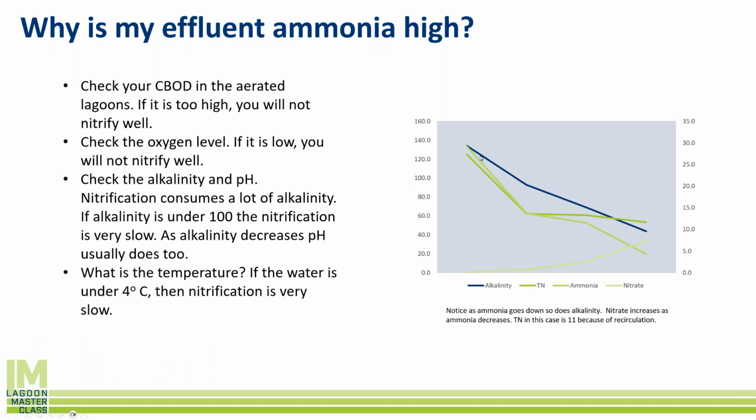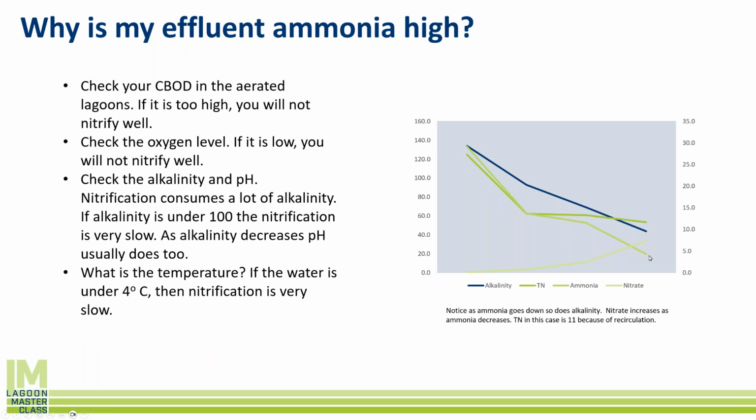This particular graph here I have, if you see this alkalinity line, that's the blue line, you can see that it went from 140 alkalinity down to around 50 alkalinity. The alkalinity is on the left axis. And then you can see on the right axis, the corresponding ammonia level. The ammonia was about 30, and the ammonia actually dropped to about 3.